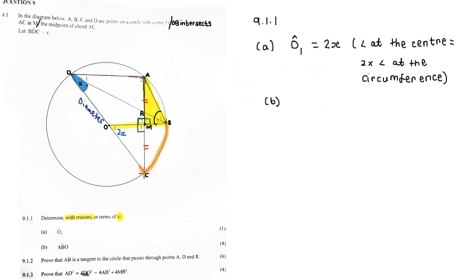If you look at angle BDC, which is the original x, and its relationship with angle CAB, you see over there, you've got angles in the same segment. So which means that this angle A1 is equal to x.